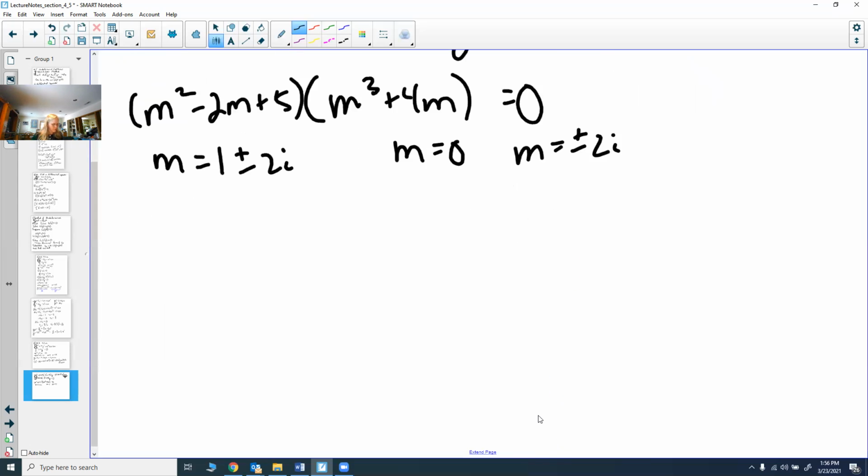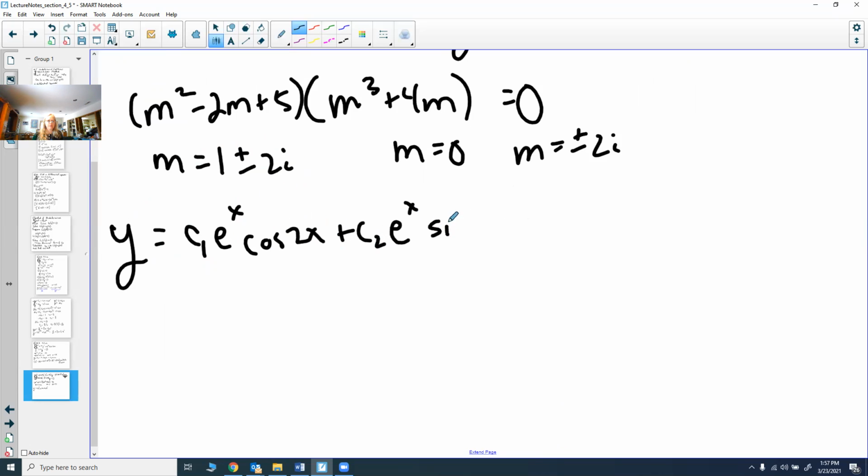All right, so now we can get our y. And I don't really care what order you write this in. You can do it in any order you want. This m equals 1 plus or minus 2i will give me c1 e to the x, because my real part is 1, so there's a 1 in the e, cosine of 2x, because there's 2 there, plus c2 e to the x sine of 2x.